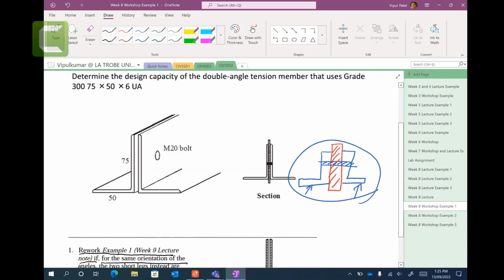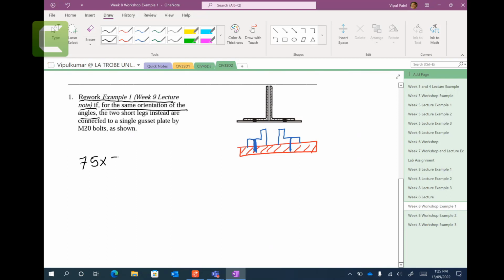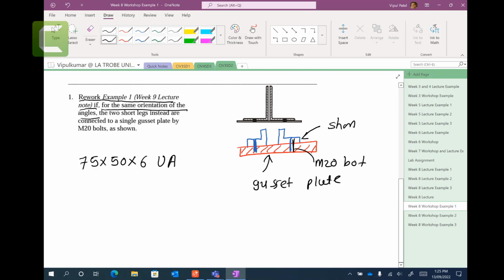We want to do it for these 75, 56 unequal angles, same orientation of the angle. Legs are connected to the single gusset plate by M20 bolts. So this is a gusset plate, and we are connecting with the M20 bolts, and this one would be the short leg, right? I hope it makes sense.